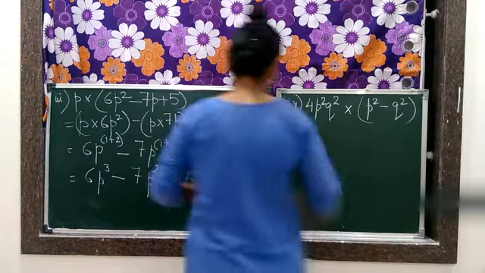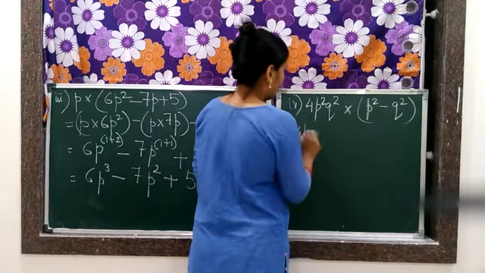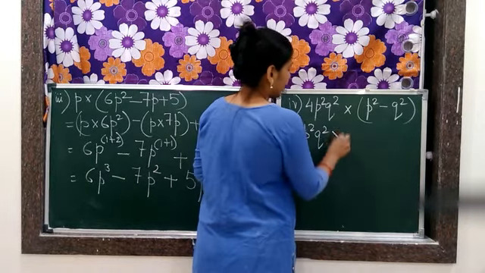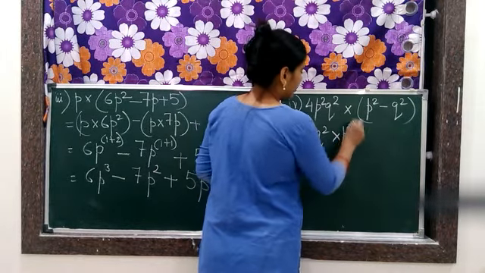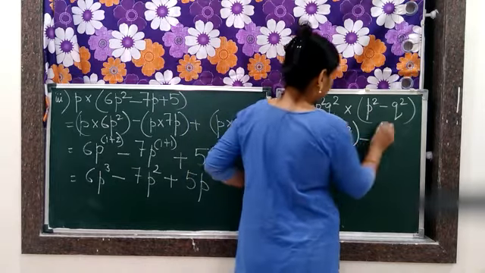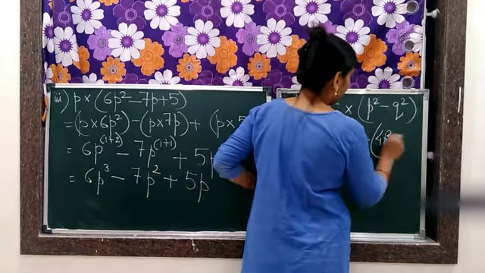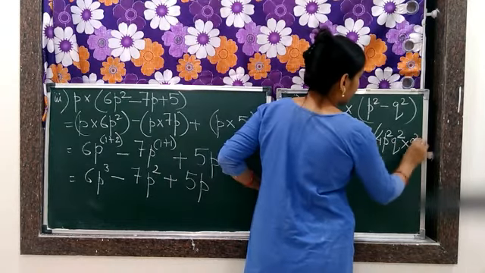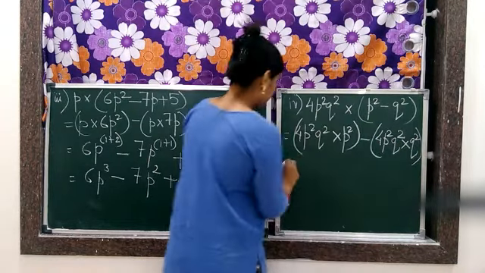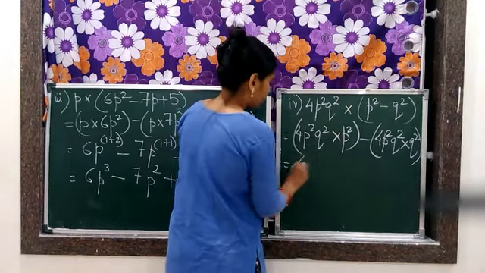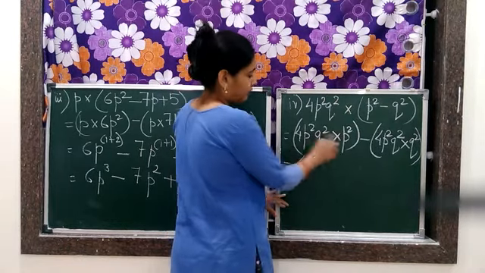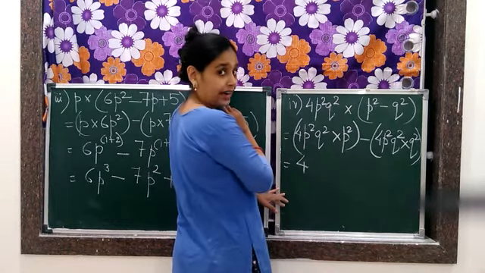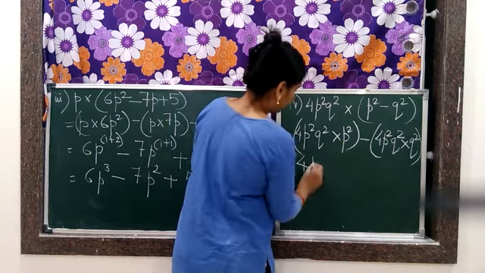Let's start. So 4p square q square into p square, minus 4p square q square into q square. 4 ones are 4. Then the powers of p will be added. Why? Because p is common.